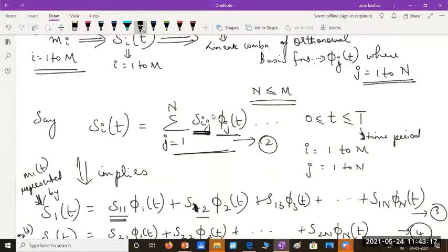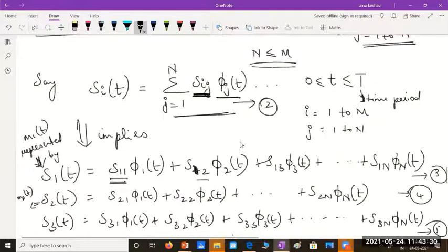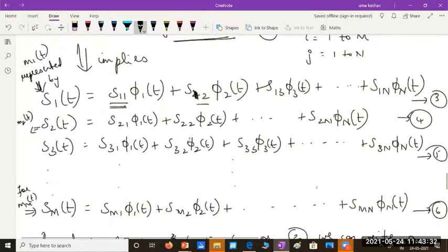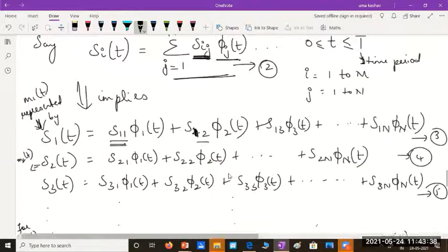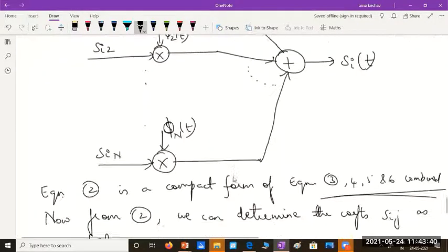How do I express Sij now from these two values? Or how do you write Sij in terms of Si and phi j? How would we do it? Simple. Si is a signal in time. Instead of summation, I will integrate. See, if you integrate it, what happens?